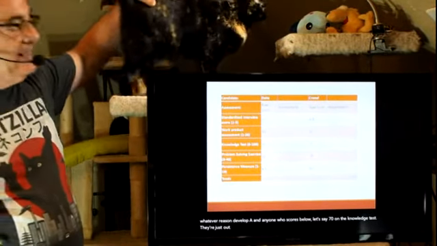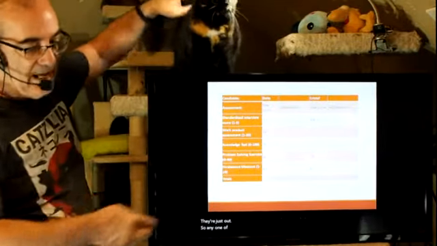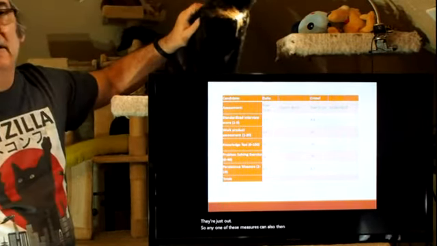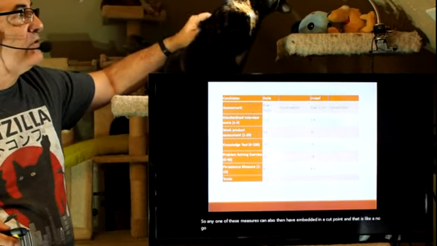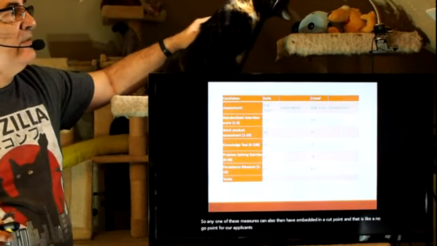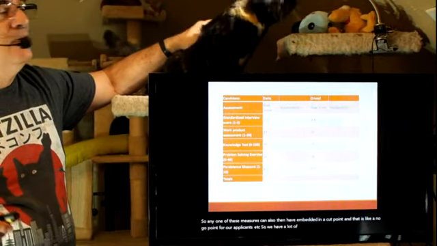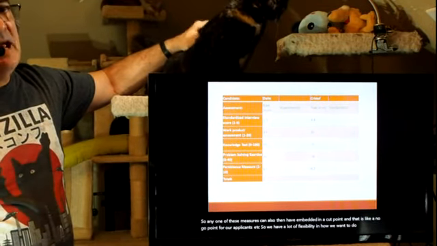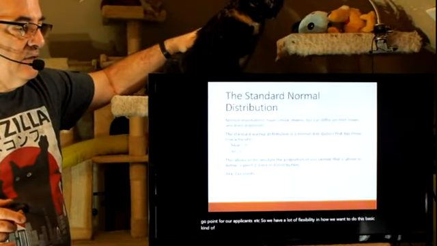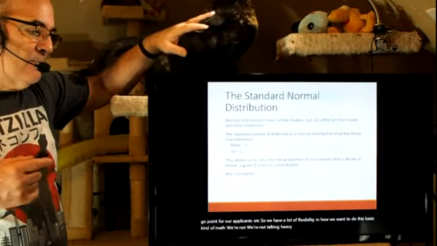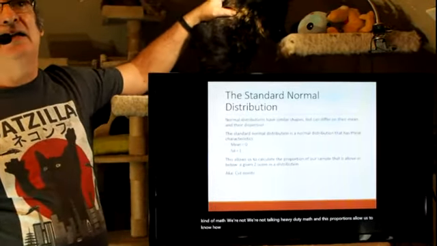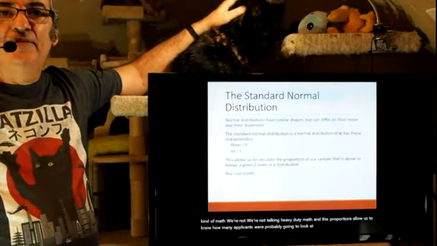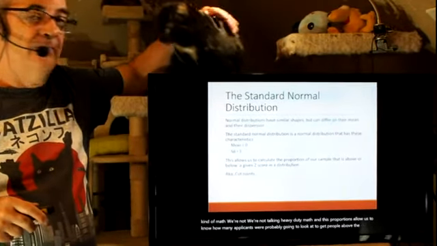Any one of these measures can have a cut point embedded in it, which is like a no-go point for our applicants. So we have a lot of flexibility in how we want to do this, with basic math. We're not talking heavy-duty math. The proportions allow us to know how many applicants we're probably going to need to look at to get people above the cut point for any given measure.